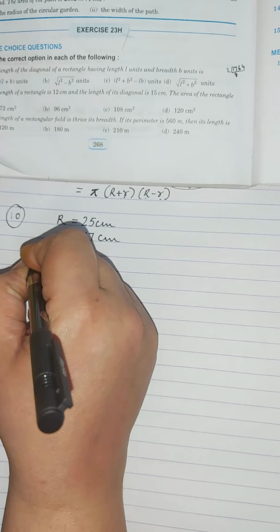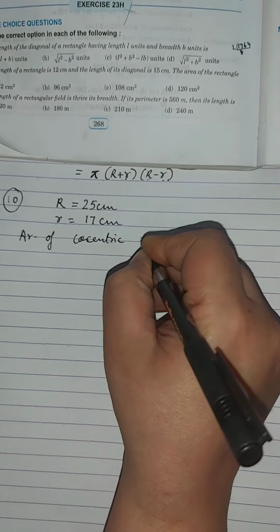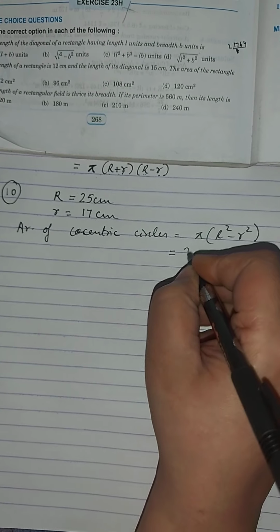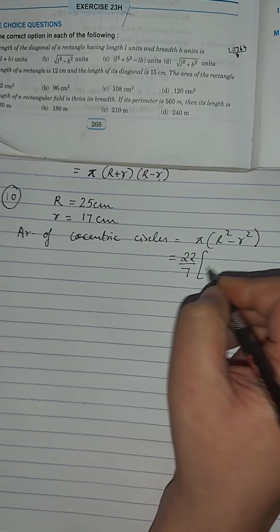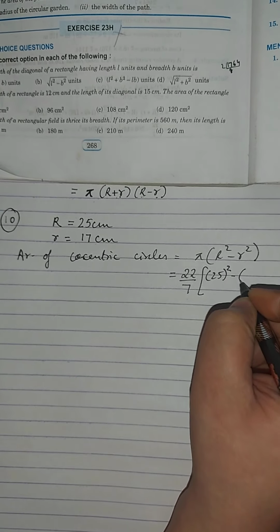Now, area of concentric circle will be equal to pi capital R square minus small r square. So it will be 22 upon 7, 25 square minus 17 square. As I've given you an identity for this, you can change it into that: 22 upon 7, 25 plus 17 into 25 minus 17.